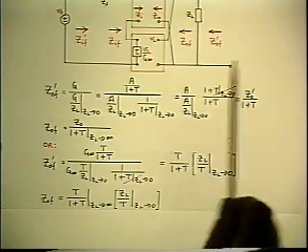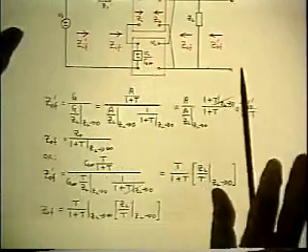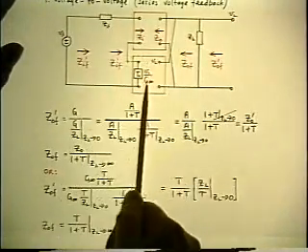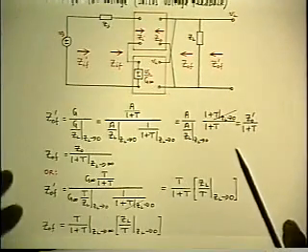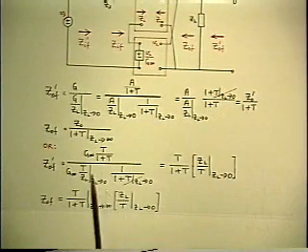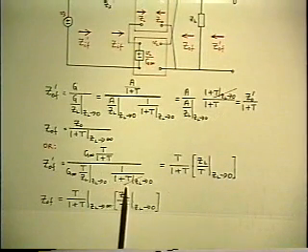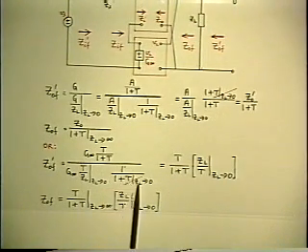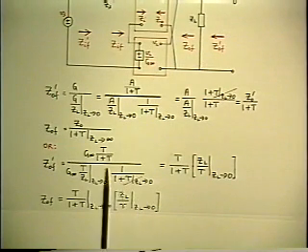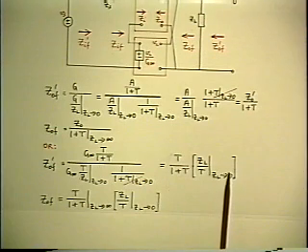Remember, G infinity is determined by the feedback box only. It doesn't contain ZS and ZL. Okay, so collect what's left behind. And once again, we get a T with ZL 0, which is 0, and collect what's left, and this is the result.